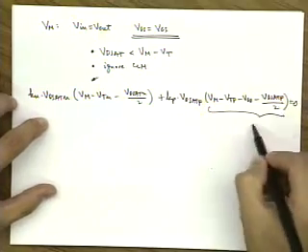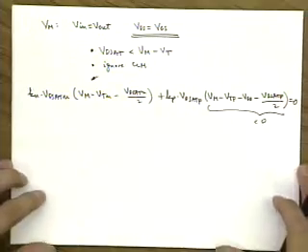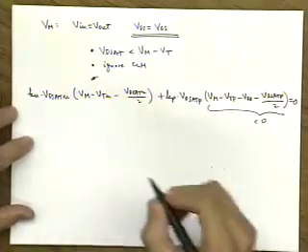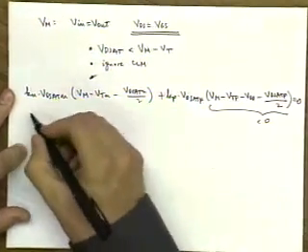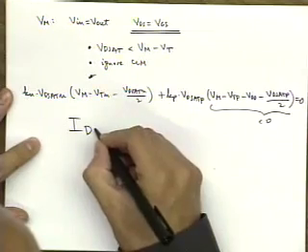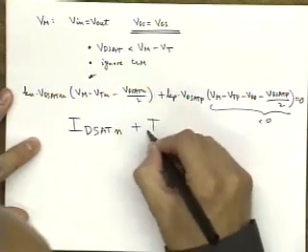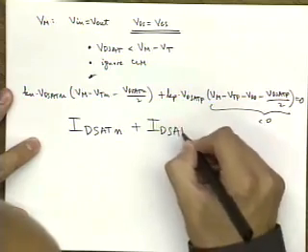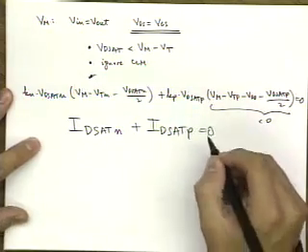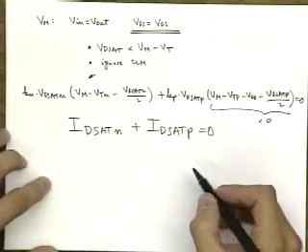This is negative here. A little bigger? Okay, let me write this. So you have ID sat n plus ID sat p equal to 0. Is this legible? Good enough font? Okay, good.